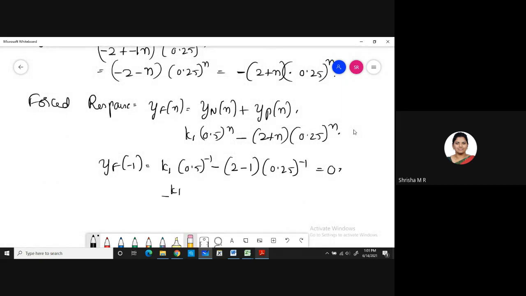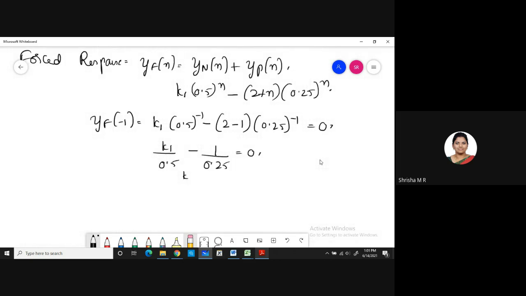You have k1 by 0.5 minus 1 by 0.25, which is equal to 0. So it is k1 by 0.5 minus 4 is equal to 0. k1 by 0.5 is equal to 4. So k1 is equal to 2.